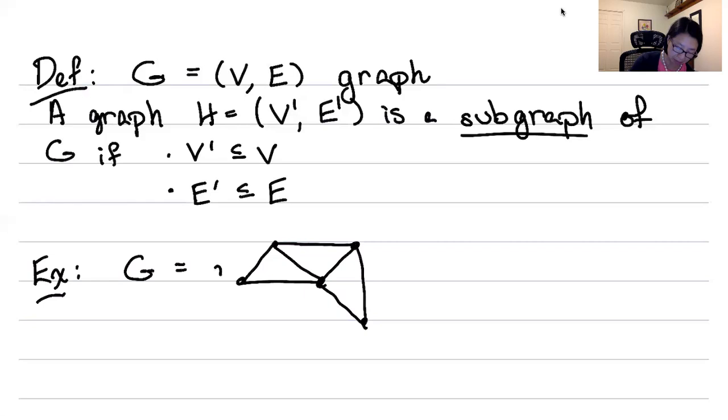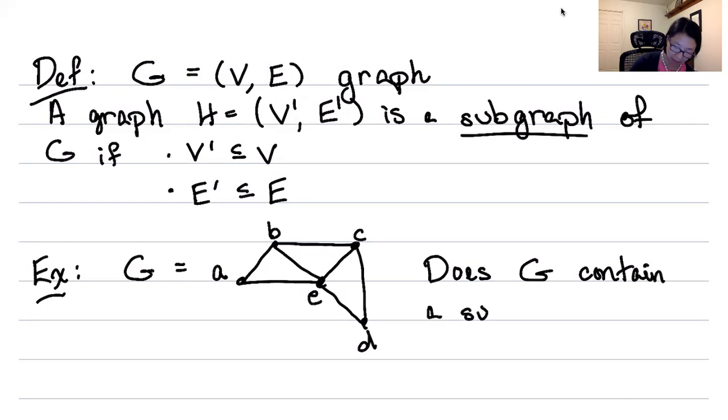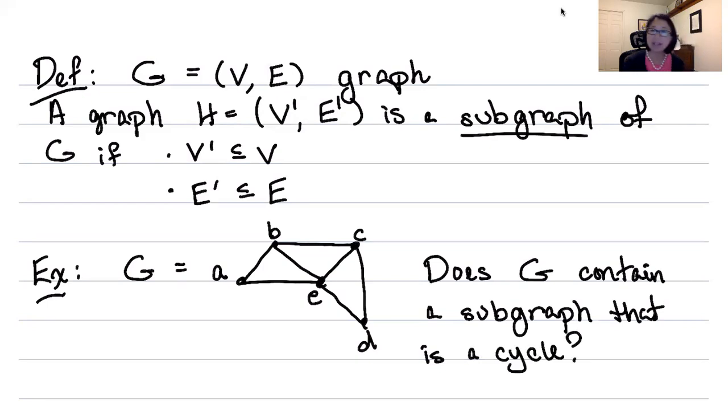So maybe it has vertex set A, B, C, D, E. I might ask, does G contain a subgraph that is a cycle? So in our last video lecture, we learned what a cycle was.